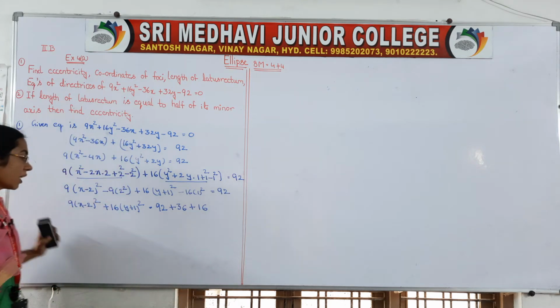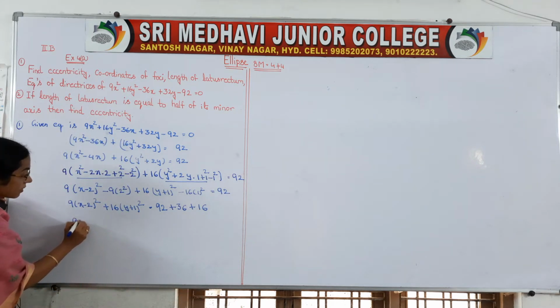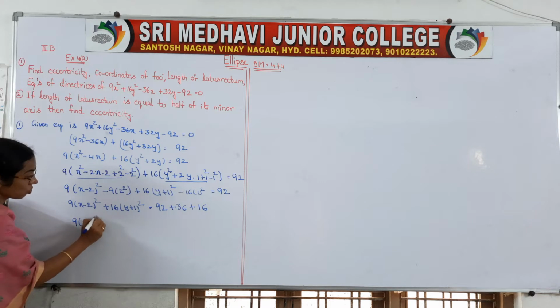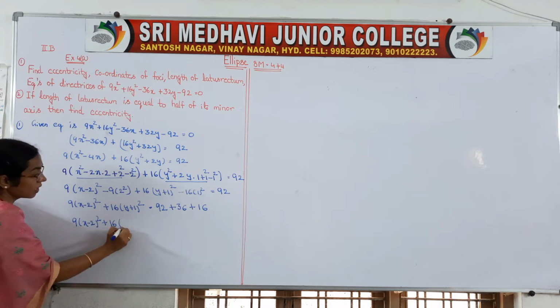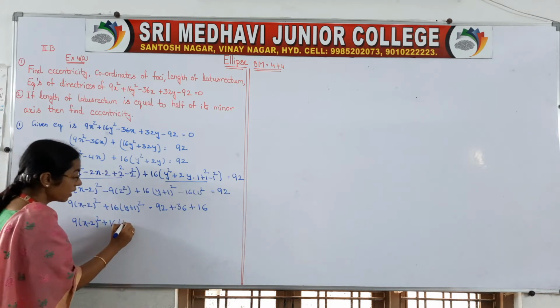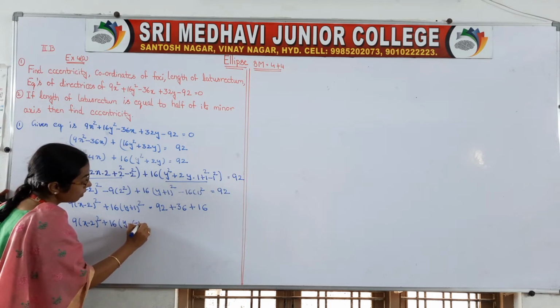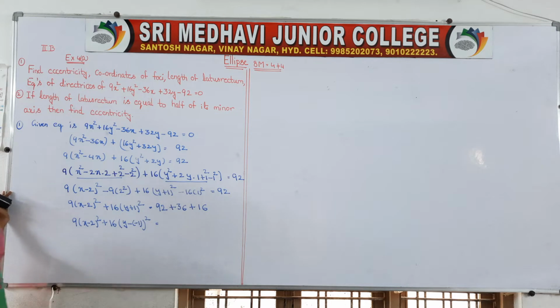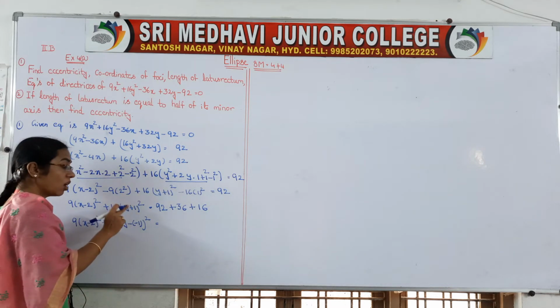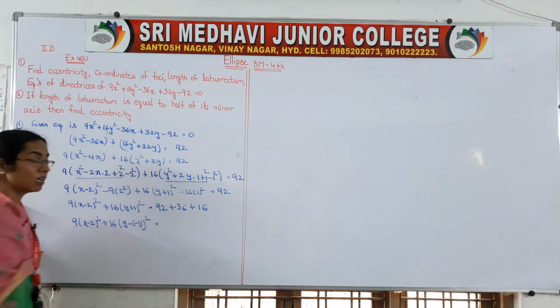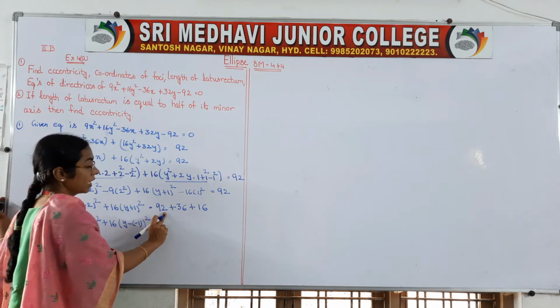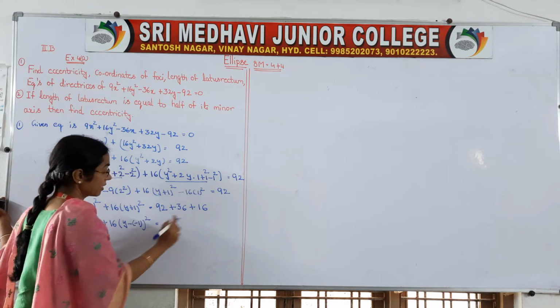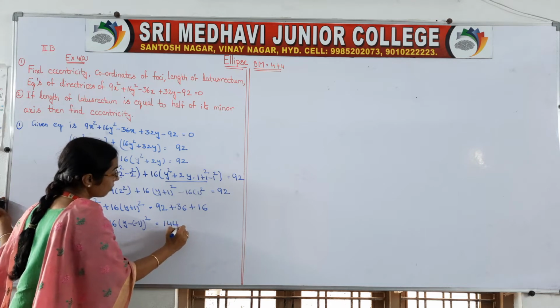Next we can write this as 9 into (x minus 2) whole square plus 16 into, how can we write this value? (y minus of minus 1). Why do we have to write that? Our standard form is (x minus h) whole square by a square plus (y minus k), so we need minus here. So how can we write minus? Minus of minus. So come on, 92 plus 36 plus 16, it is 144.